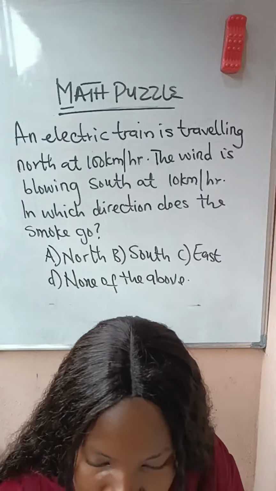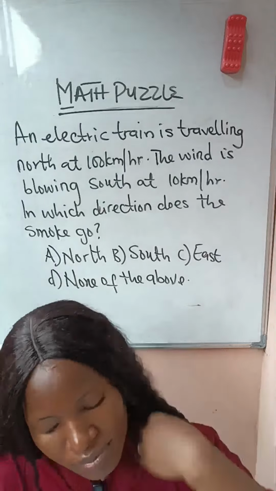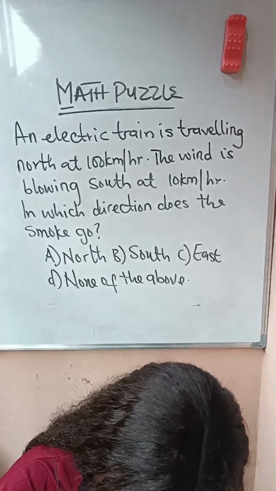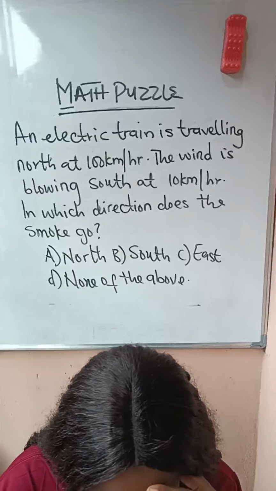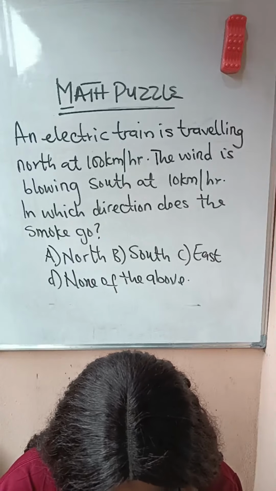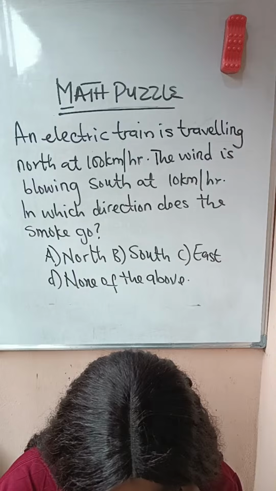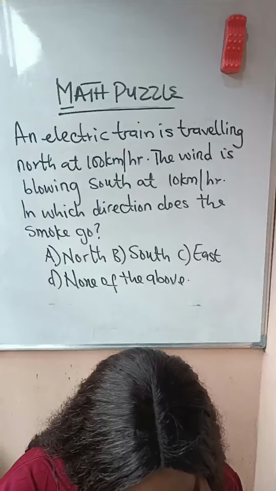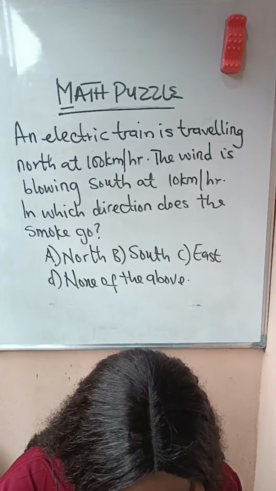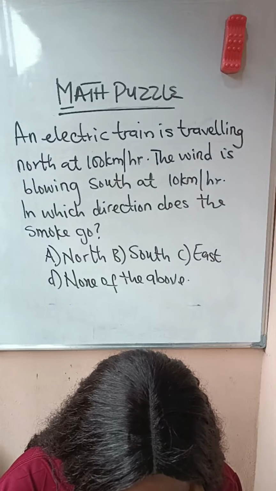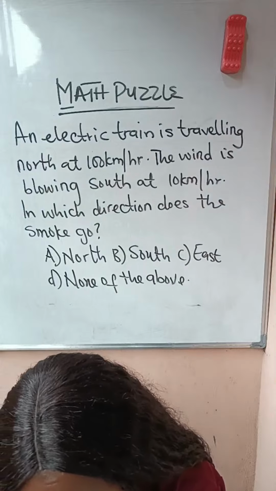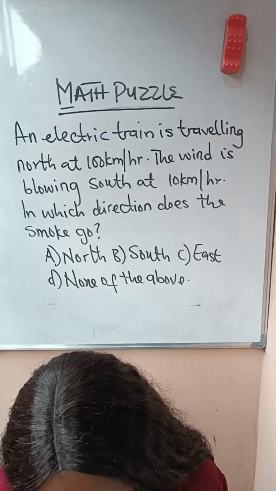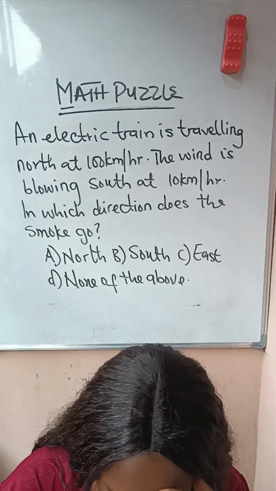Are you sure? Maybe this particular one creates smoke, which is why they're asking us the direction of the smoke. Maybe D, if there was any smoke, it would go in my direction. I have B by AK Julius. An electric train is traveling north at 100 km per hour.